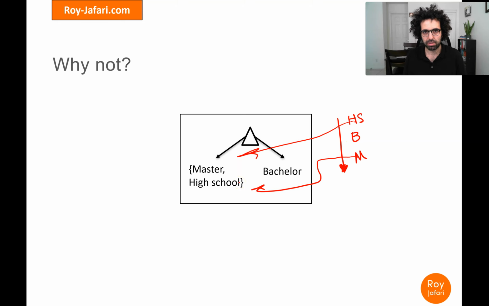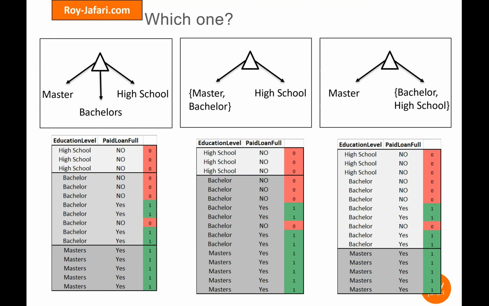It doesn't make sense because this is an ordinal attribute. That's why we haven't included that one there. But anyway, among all the possible ones, we choose this one just because it leads to better separation between our class labels, or our target.